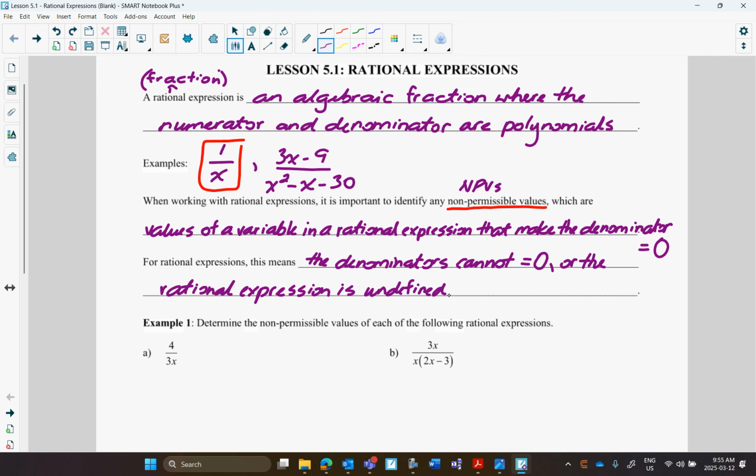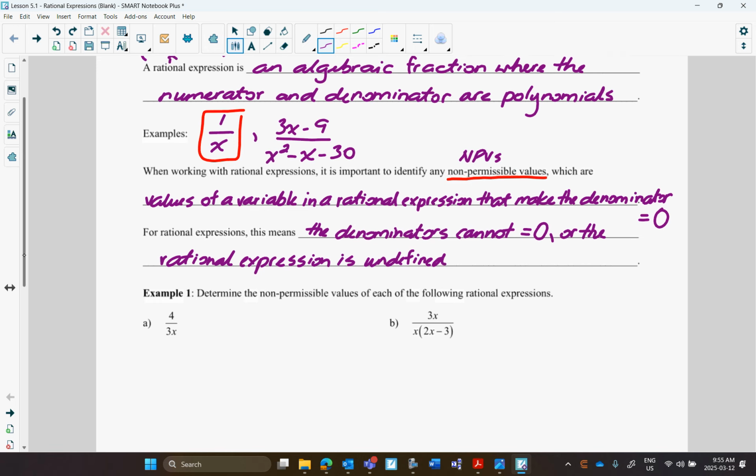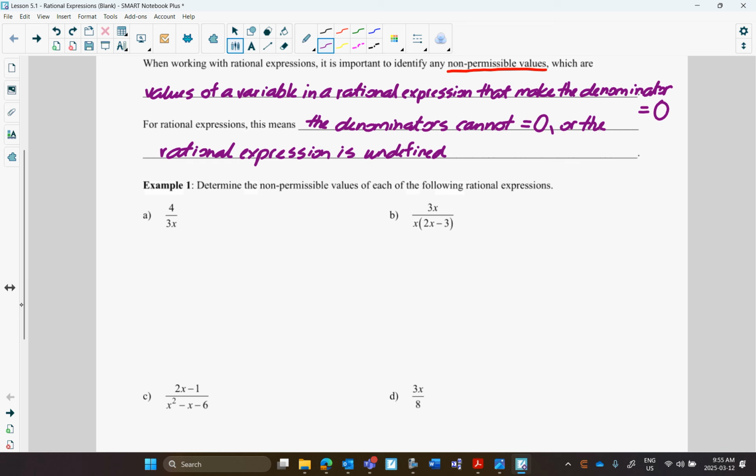So what we're going to look at to start with, before we actually start reducing these things and adding them and subtracting and multiplying and dividing, is finding non-permissible values. So if you look at this first rational expression, what value of x would make the whole denominator work out to 0? Don't overthink. 0, because 3 times 0 is 0.